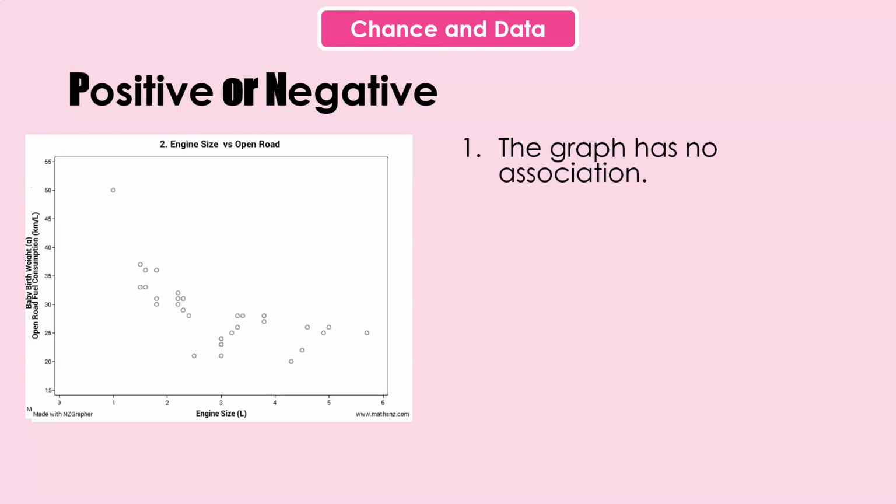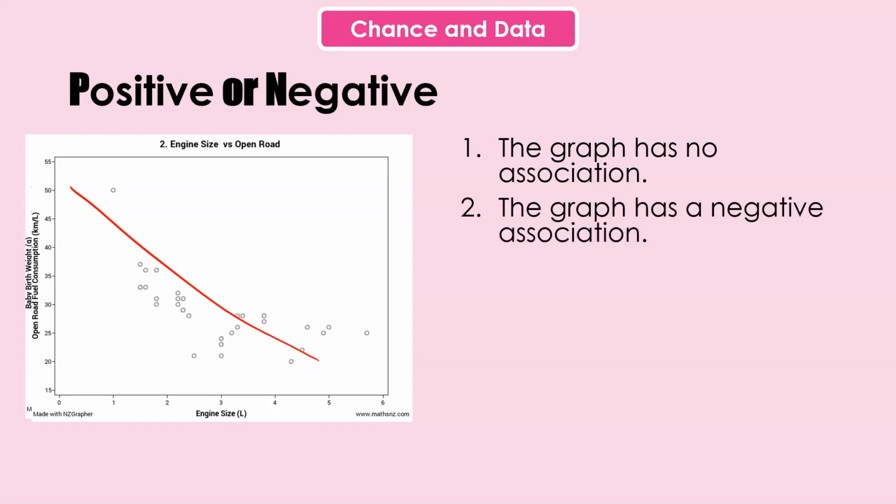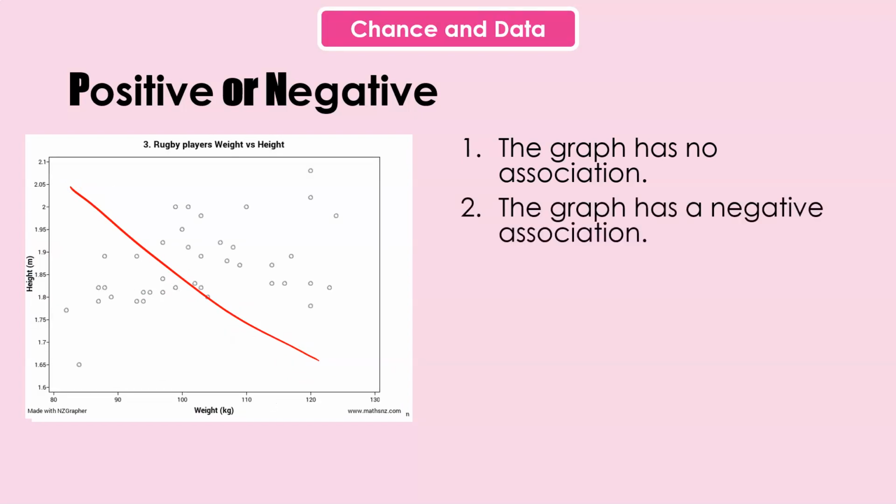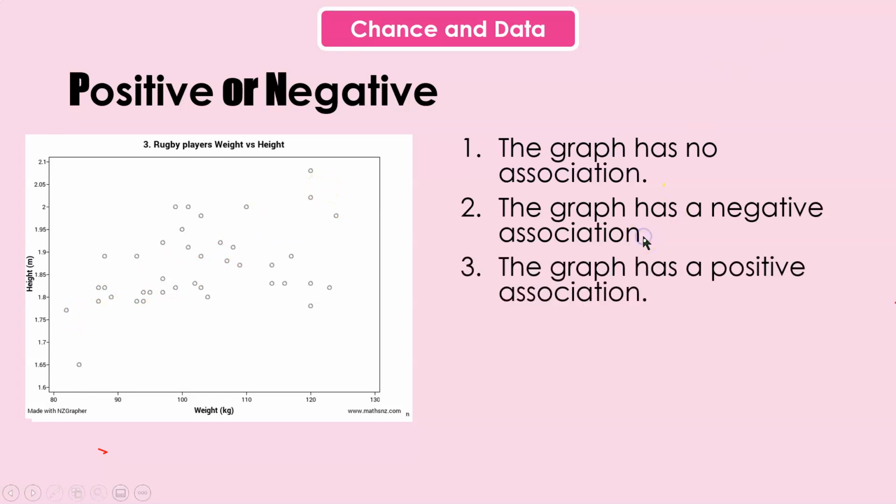So here we've got another one. Looking at the open road one, whether it's positive or negative, I think it's clear to see that that would be negative, putting a line of best fit in. Looking at our rugby players' weight and height, we can see that that trends upwards from left to right, so that would be positive.